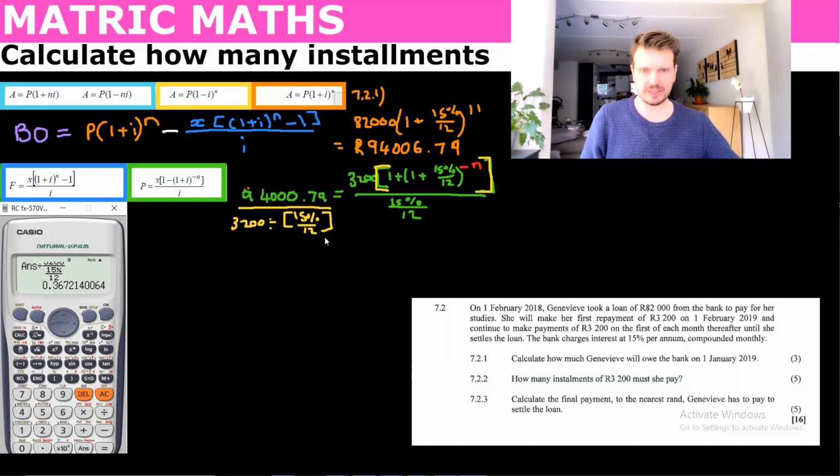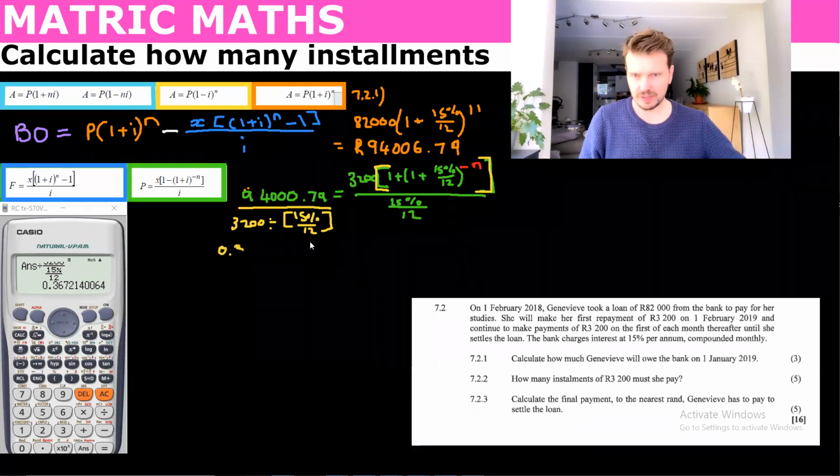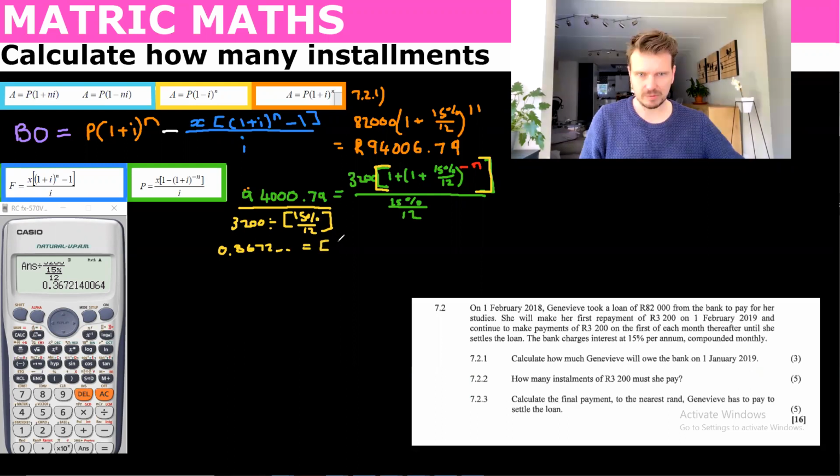Okay, so that is now equal to the square yellow bracket. So we can say that 0.3672 equals the square bracket 1 plus, and now we can drop the square bracket.